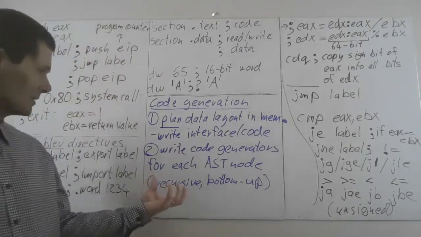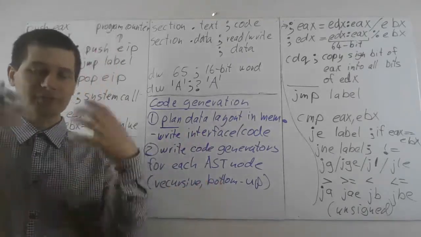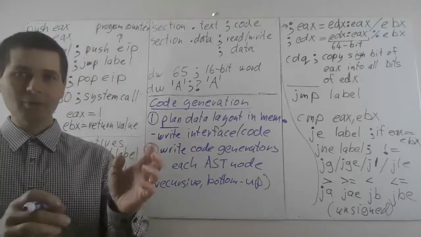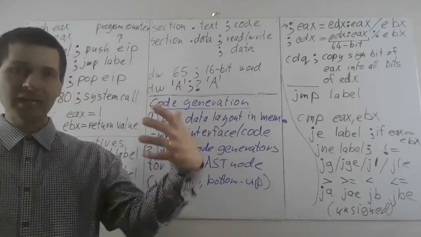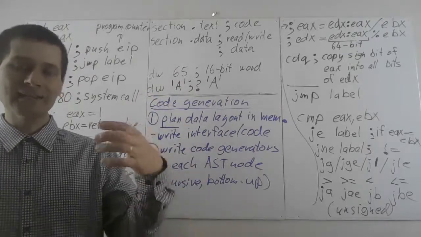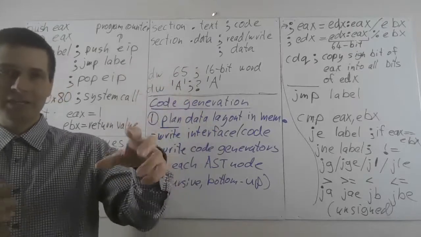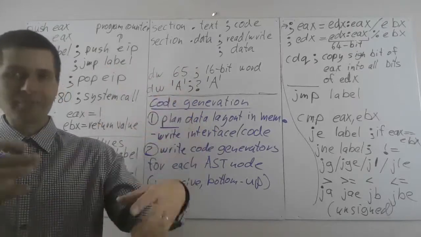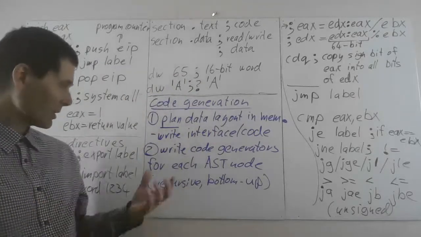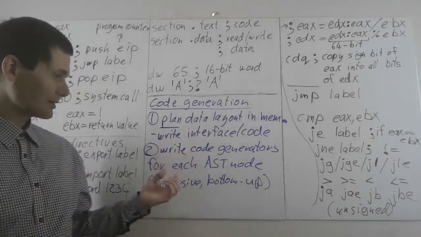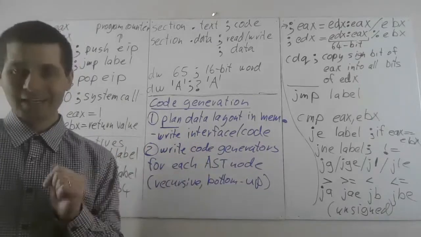Okay, and this code generator should be recursive. So when you're generating code for an AST node, you probably want to first go to its child AST nodes and generate code for those, and have the values that the children compute in the right registers, arranged so that after those values come out of the child nodes, they're in the right registers for the operation for the current AST node.